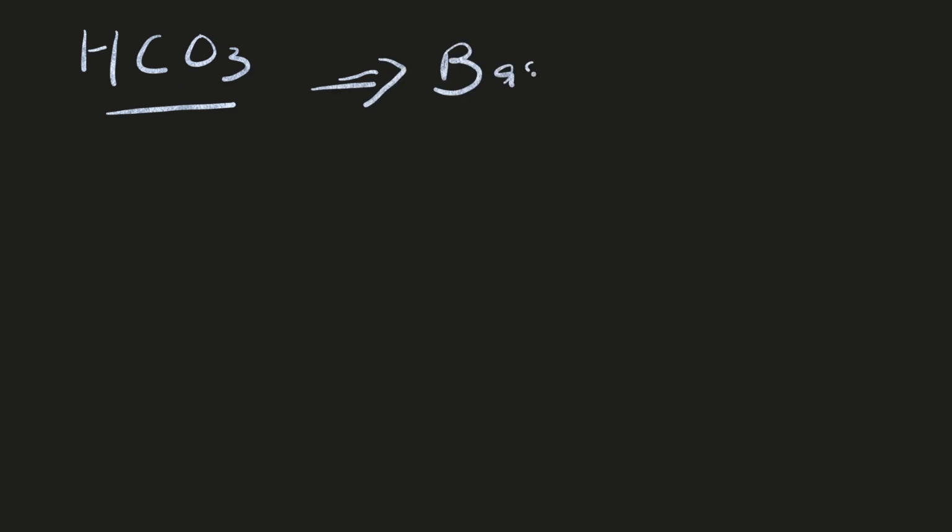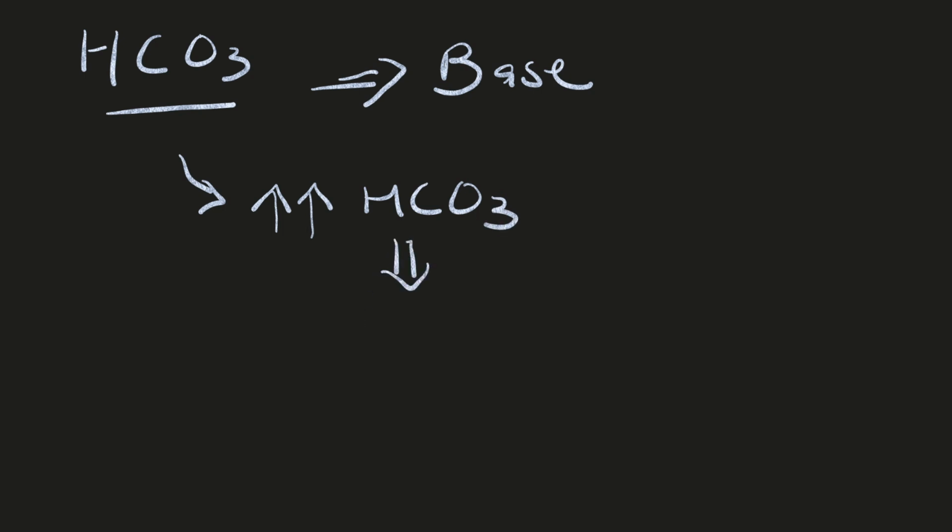So let's make a concept about bicarbonate. Bicarbonate is basically a base in nature. So any increase in the quantity of bicarbonate in the blood will make the pH more alkaline.